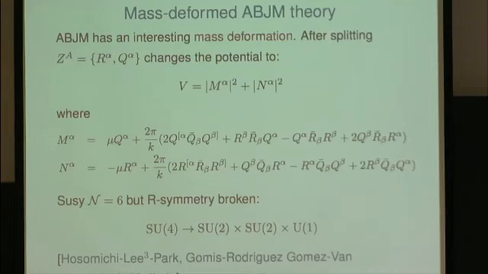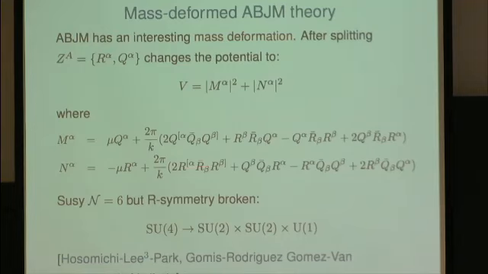So you can see immediately that written like this, if you square this expression here, you will get something which is sextic in the scalars, which is what we had in ordinary ABJM, with k the Chern-Simons level of the ABJM theory. You also get a term here which goes like a mass term in these Qs, where mu is now the mass deformation parameter, and you also get some quartic cross terms which are required for supersymmetry.